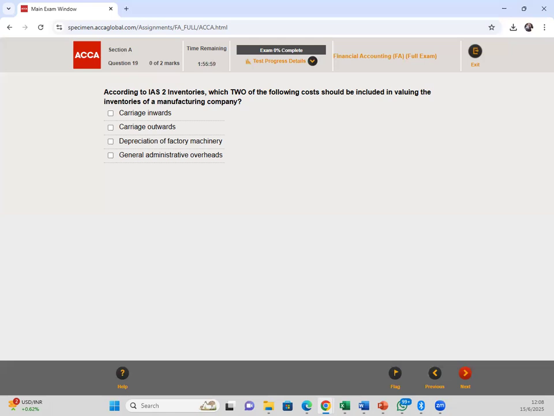So now the question is, which costs from the ones that we are given qualify as production costs? If we are in a manufacturing industry, for the production cost we look at the manufacturing cost.